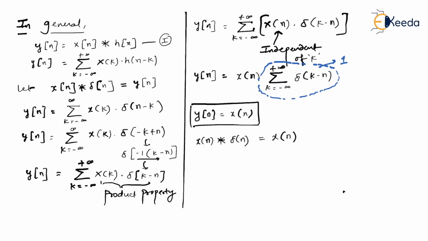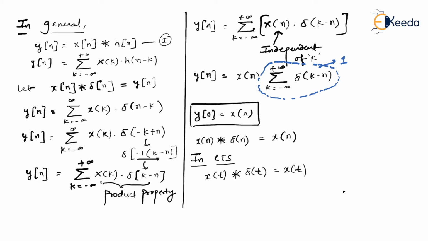And this is actually true even in continuous time signal also. That is, in continuous time system, what we have is x of t and not x of n, right? When it gets convolved with del of t, this is x of t only.